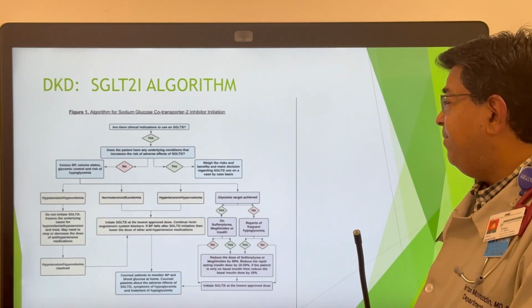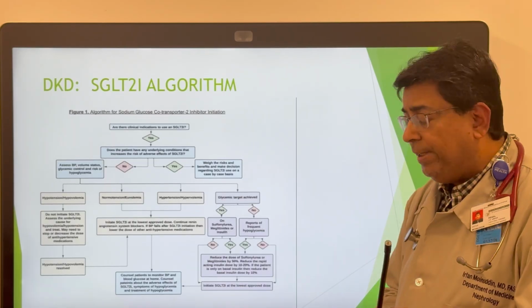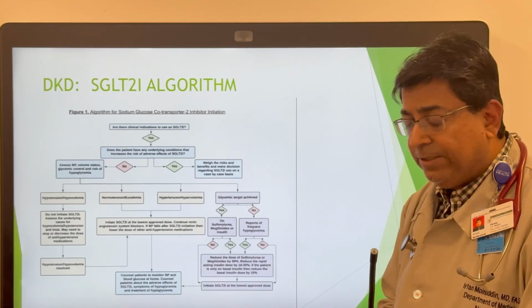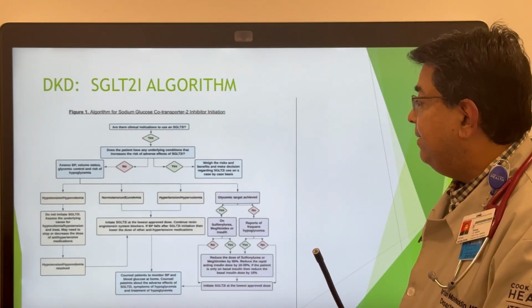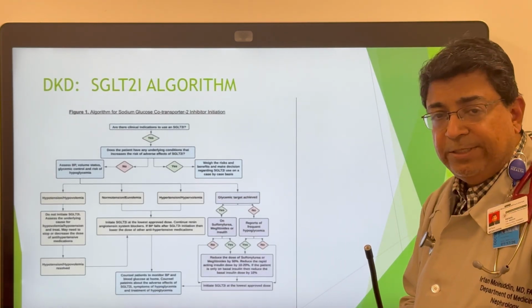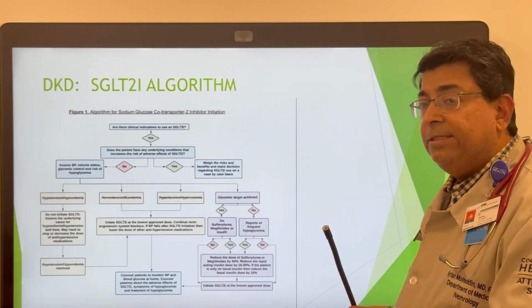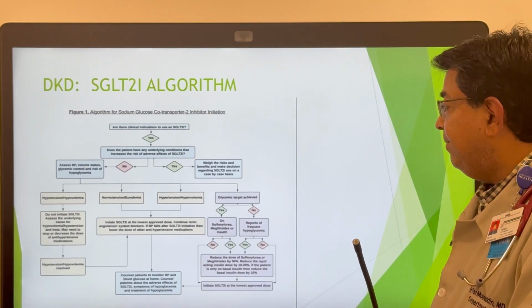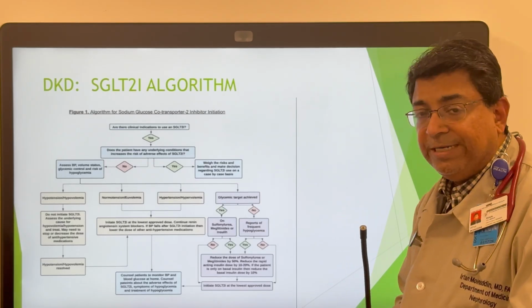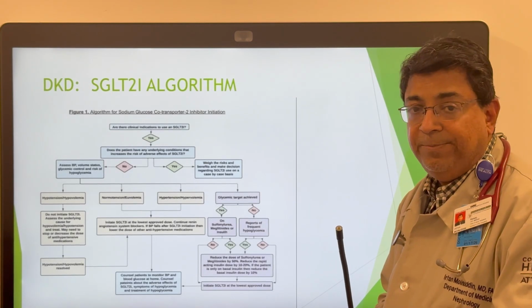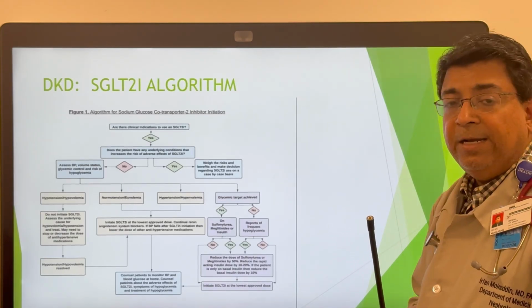So the one important thing about SGLT2 inhibitors is to recognize the adverse effects. SGLT2 inhibitors will increase urine output, will lower the blood pressure a little bit, and will cause predisposition to urinary tract infections and genital infections, as well as wound infections in people with wounds or skin breakdown.